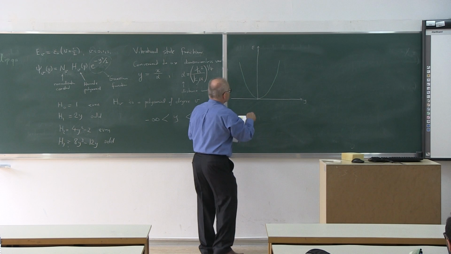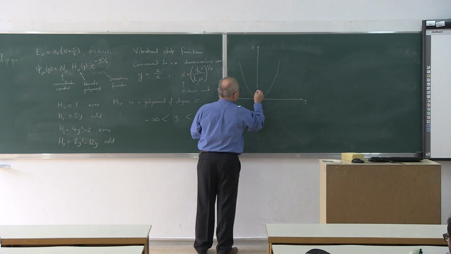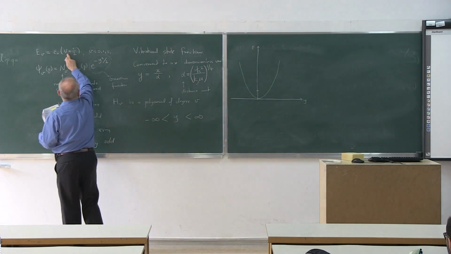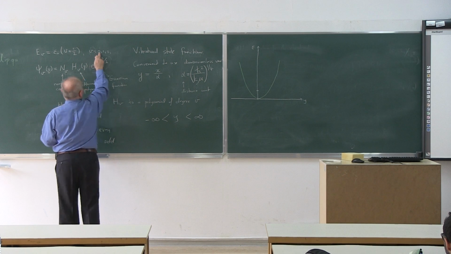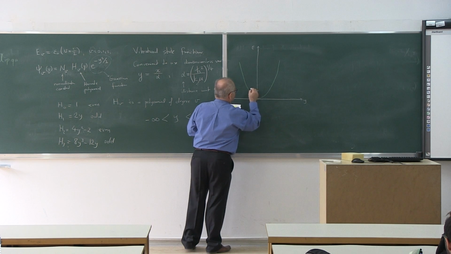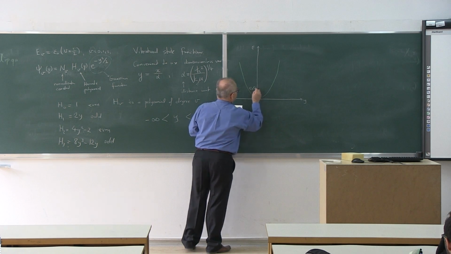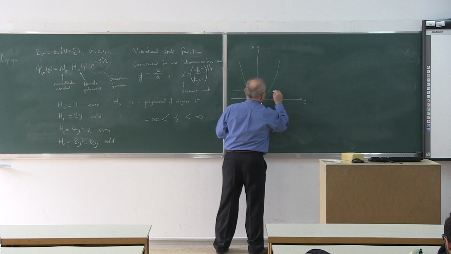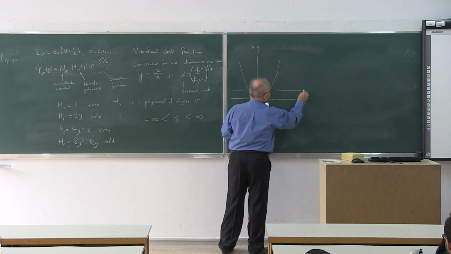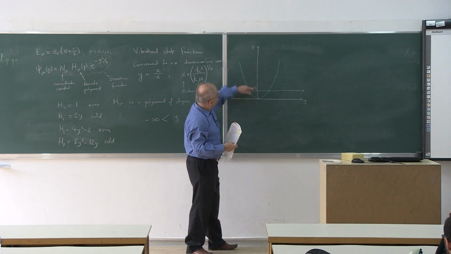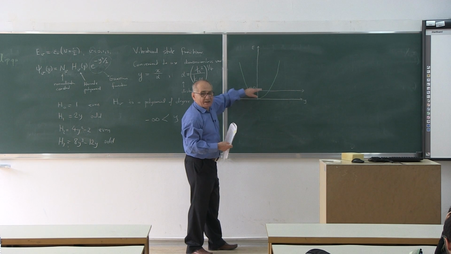And then I mark the energy level values, starting with the lowest one. So this is 0.5 hν0. Now I draw an axis which is parallel to this axis, but vertically it passes through the lowest energy level. This is v equals 0 level here, all right?